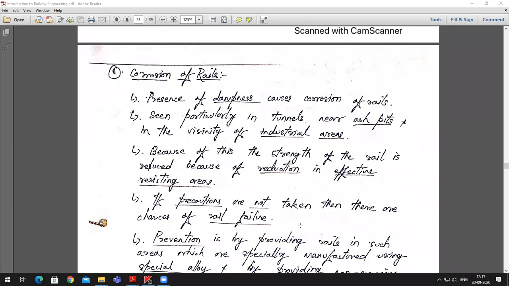Now I suppose you already know the meaning of what corrosion is. So corrosion is basically the disintegration of material that we see in the presence of corrosive materials in the atmosphere. Normally any material, it might be a metallic component or a plastic component or a wooden component, any component, unless and until it is being stored in a vacuum condition, it is bound to get deteriorated over time, irrespective of what material it is.